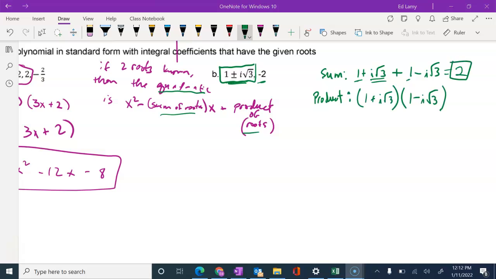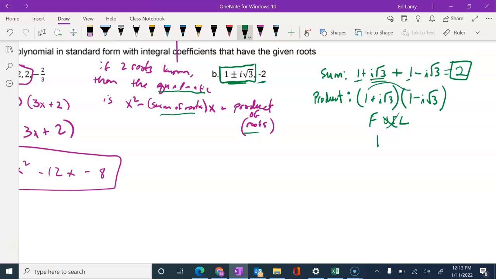The product, by multiplying those two binomials, once again, they are conjugates, so we don't have to use a full FOIL. FL will do it because the O and the I will cancel each other. The outer and the inner are just going to be opposites of each other, so we combine like terms and get 0. So the first times the first is 1.